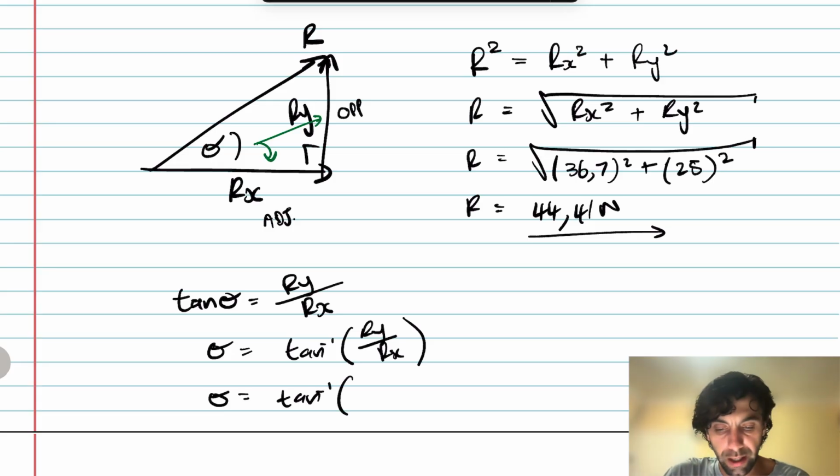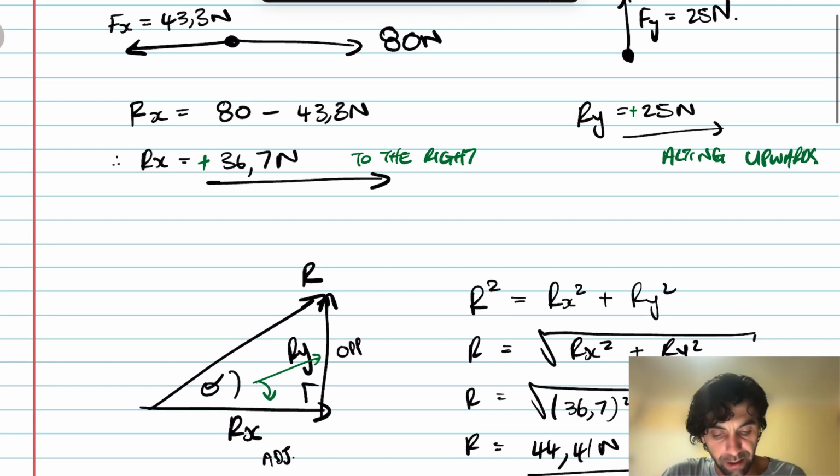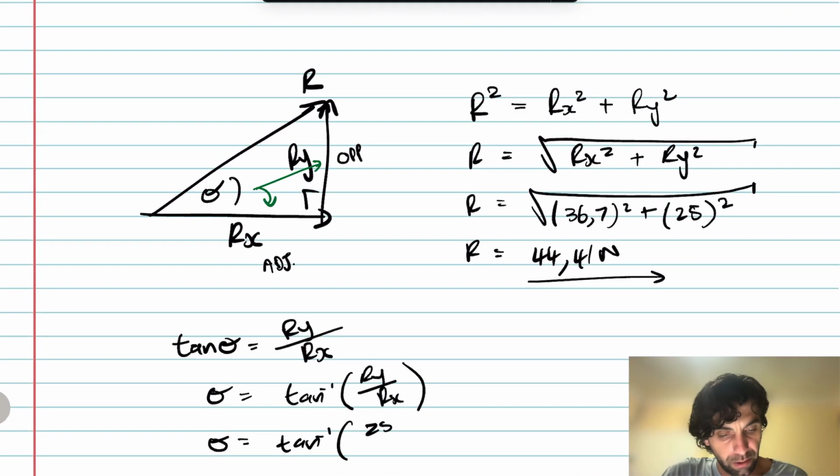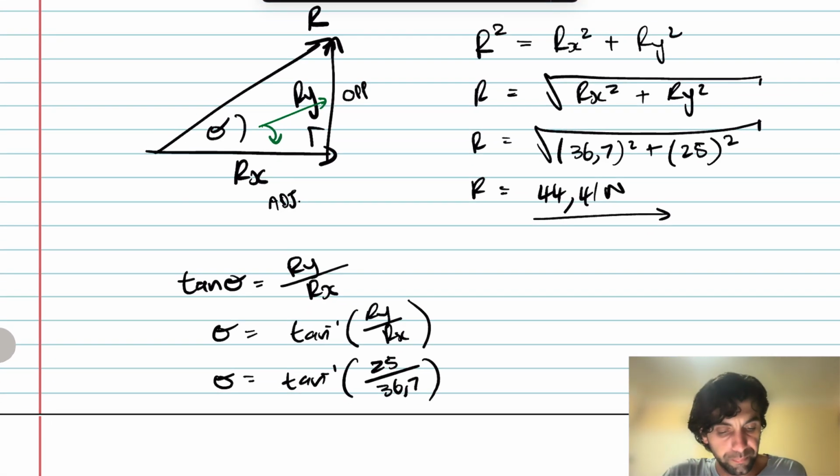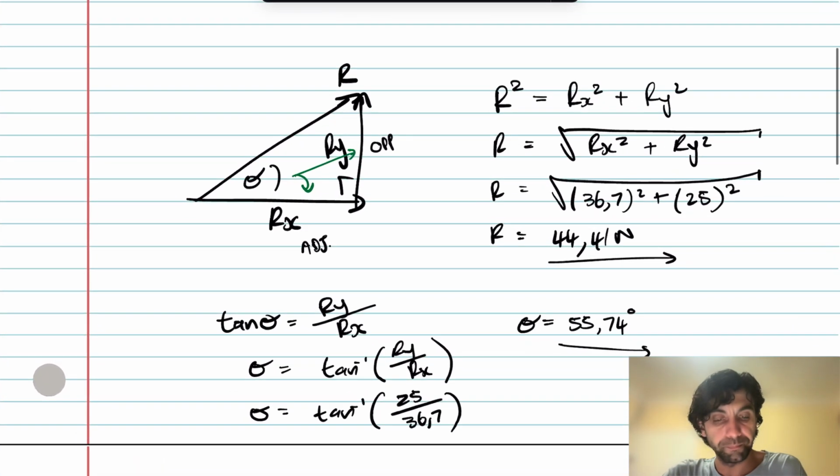So Ry we said was 25 and Rx was 36,7. So what we find is that theta is equal to exactly 55,74 degrees. All right, so what does this mean?